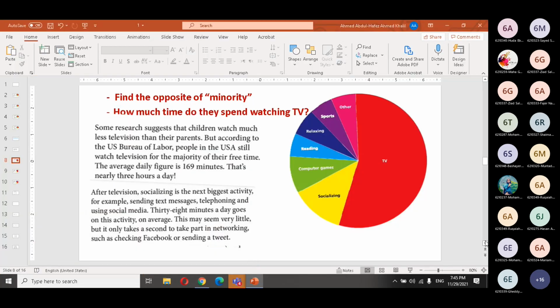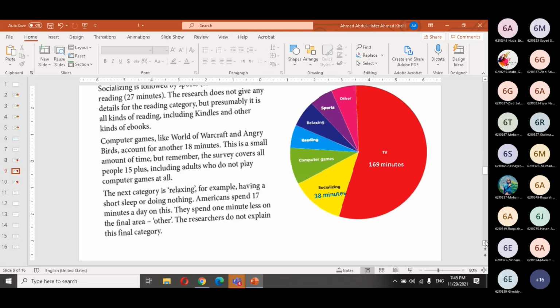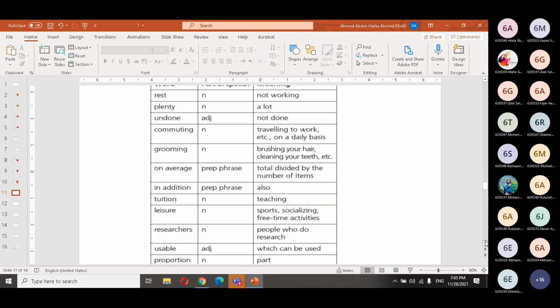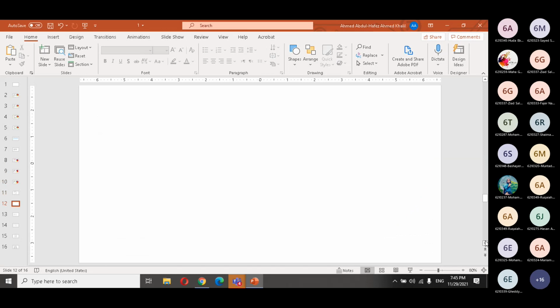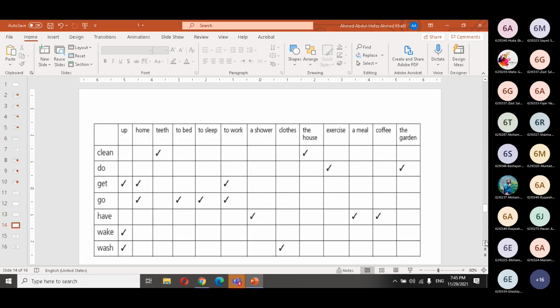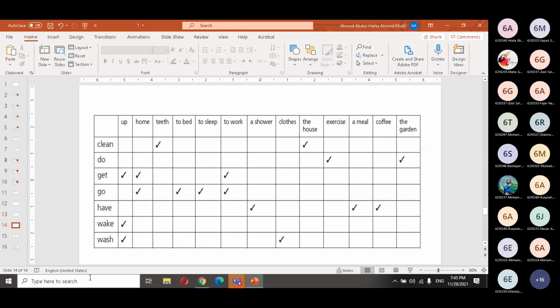Revise. You forgot wash up. Many times I said when we say wash up means washing the dishes, right?